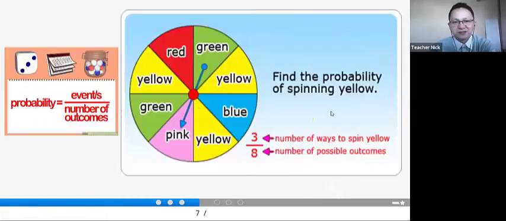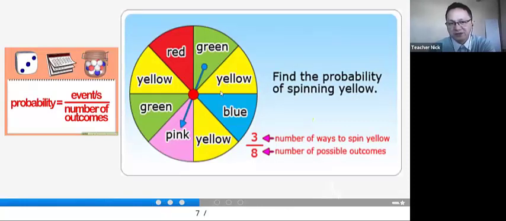Okay. Probability is also equal to the number of events over the number of outcomes. Remember that when we find the probability, it will also be a fraction. For example, in this wheel here, find the probability of spinning yellow. You have to count how many yellows there are.